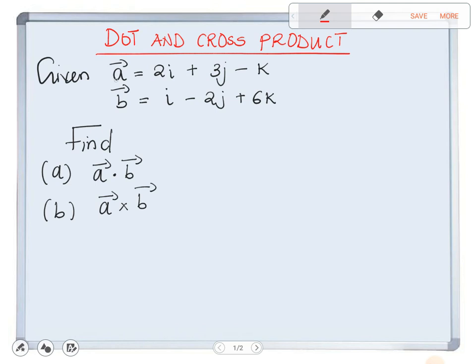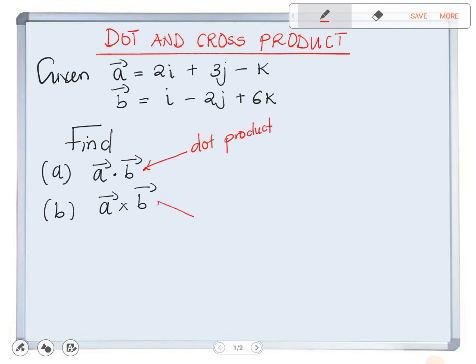Given that vector A is 2i plus 3j minus k, and vector B is i minus 2j plus 6k. Find A dot B, which is the dot product. So this one here is what we call the dot product because of the dot in the middle.